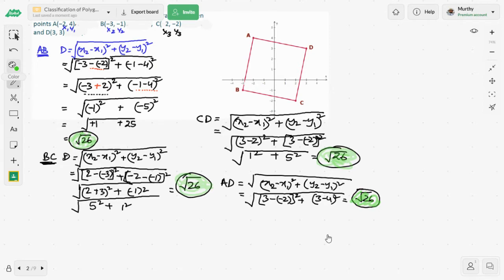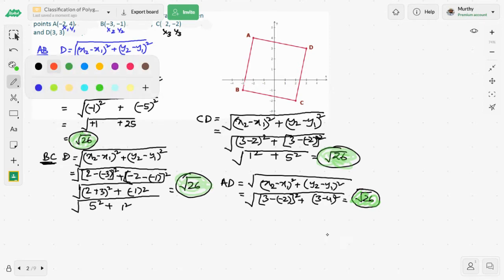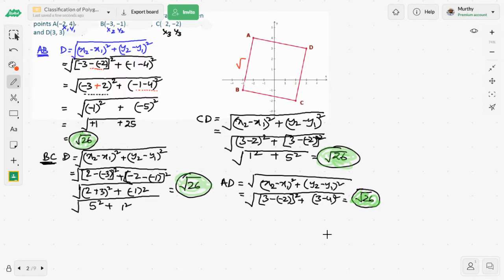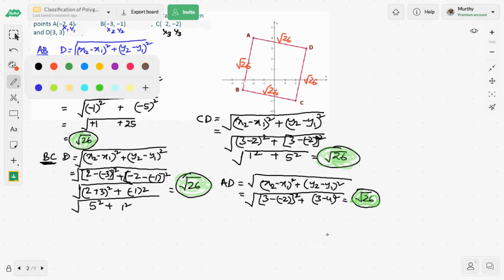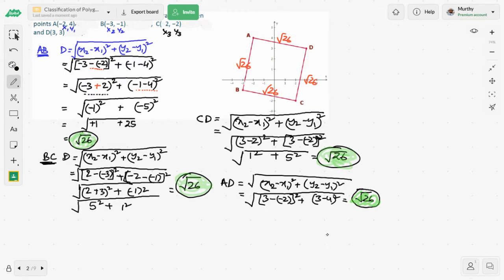So here I see that all these four lengths, I got square root 26, square root 26, square root 26, and square root 26.